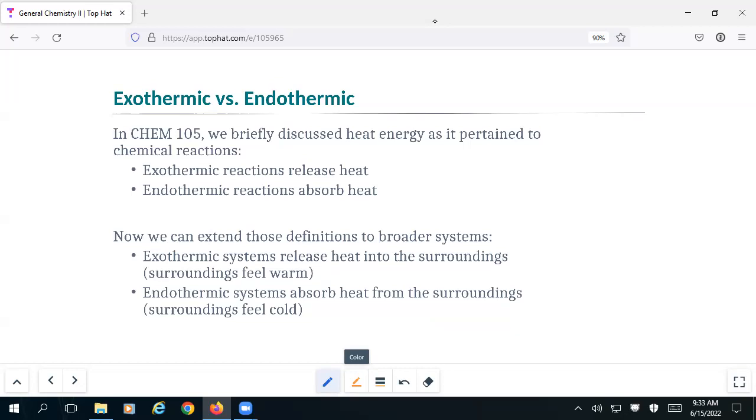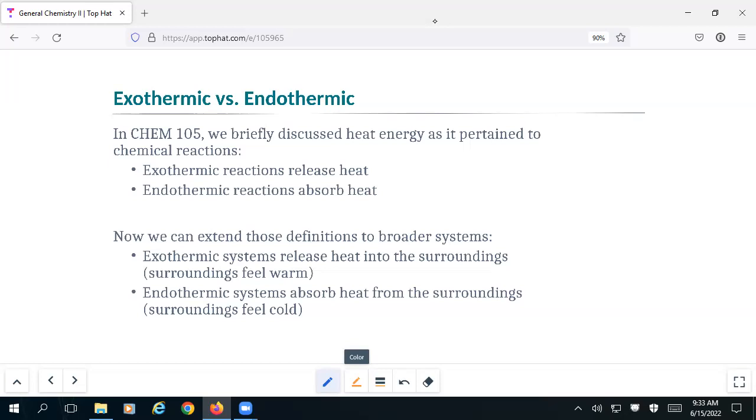We've been able to tie those things to general observations. If I'm observing a chemical reaction and that reaction feels warm, we've generally said, oh, that's an exothermic reaction. Well, now we have a reason. We have a context for that.